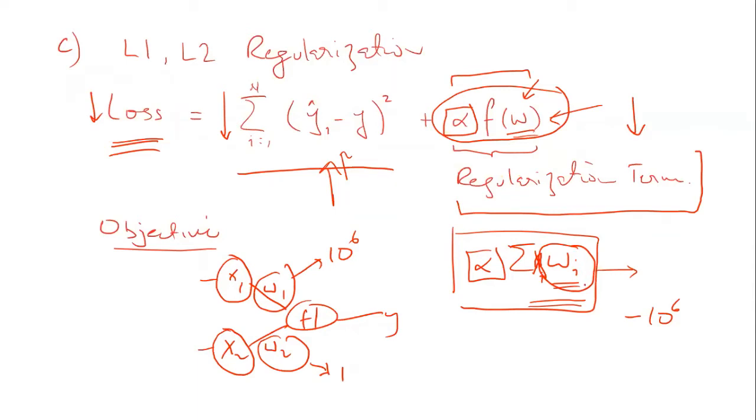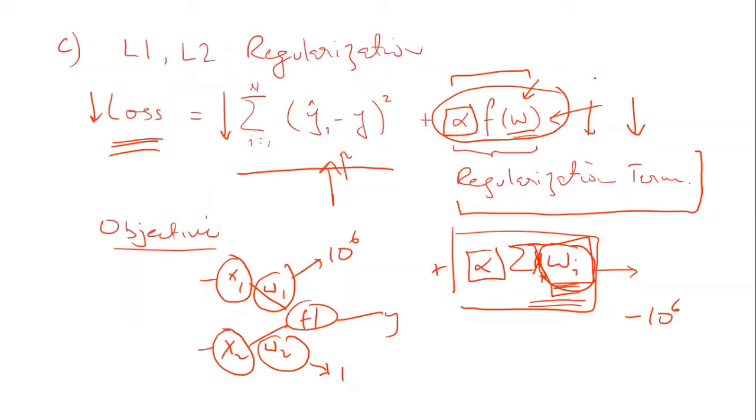So if we had W sub I over here, just a positive W sub I, then what are we saying? Can we have very large positive values of Wi? Large positive values of Wi are going to be discouraged because we want to reduce the whole loss.